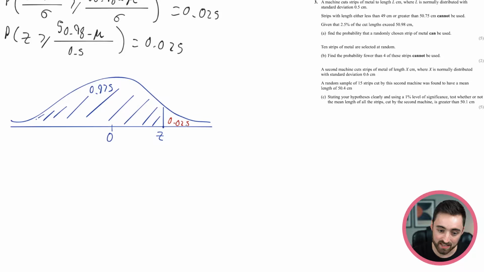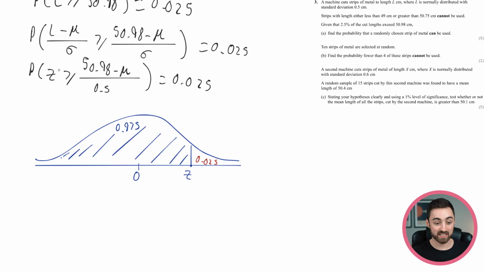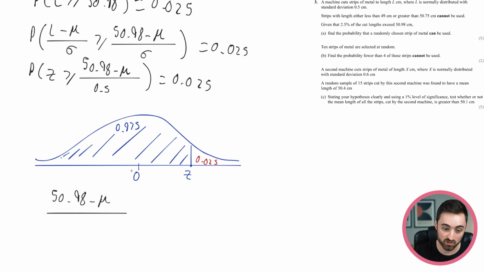So here's what I can do. This is the Z value I'm after. Because I'm looking for the probability that Z being greater than some value is equal to 0.025. That is this value here, isn't it? So what I'm going to do is get that value from my calculator and I can set it equal to this. Whatever value my calculator is about to get me is going to be equal to this Z value here because of this setup. And then I'll have an equation for mu.